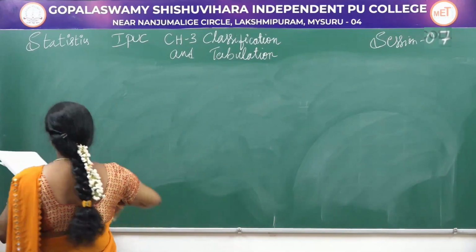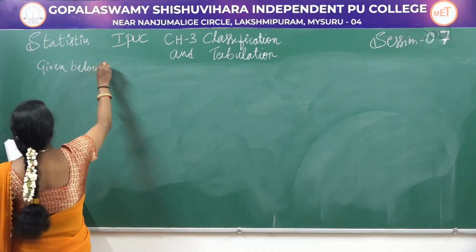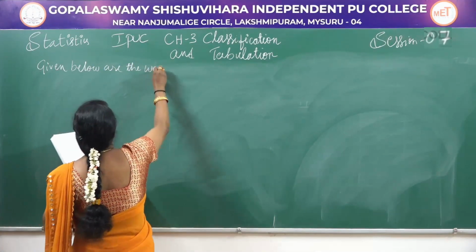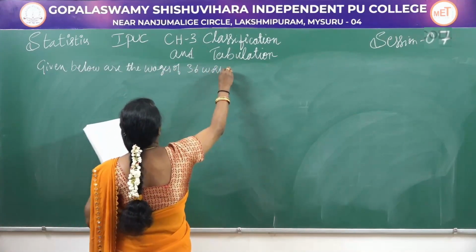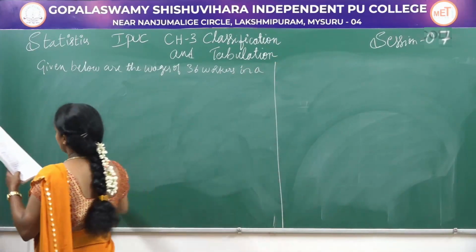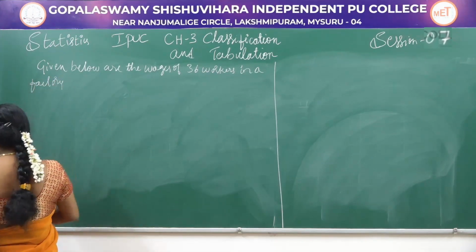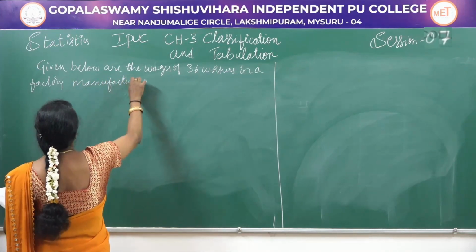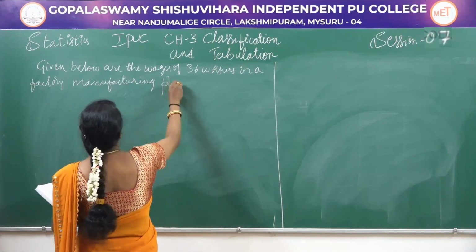Given below are the wages of 36 workers in a factory manufacturing plastic products.